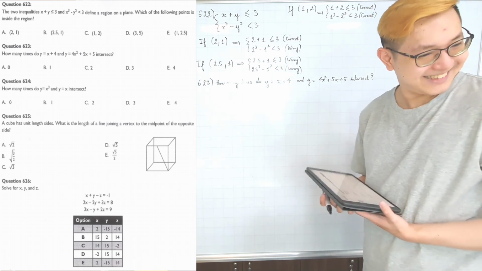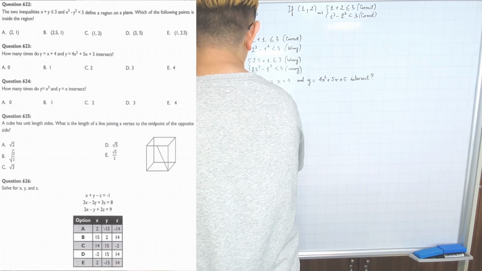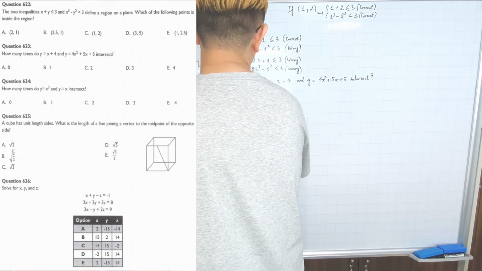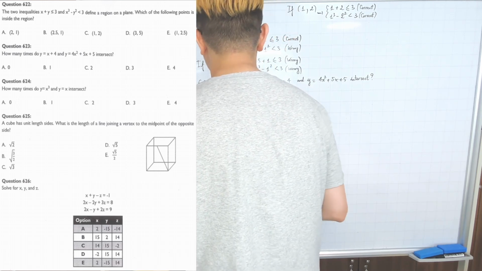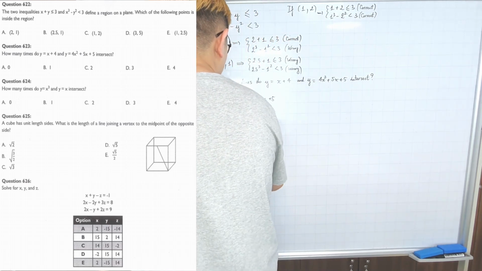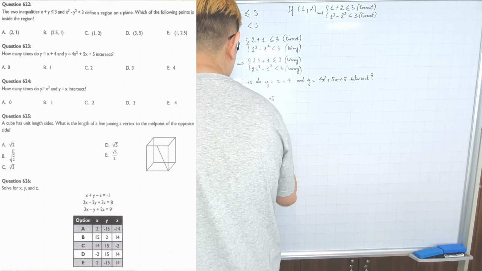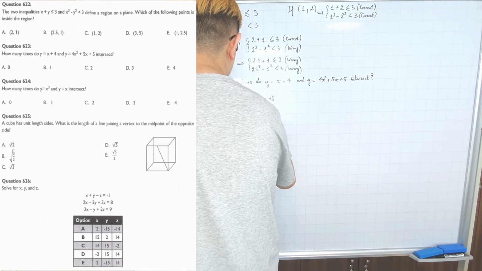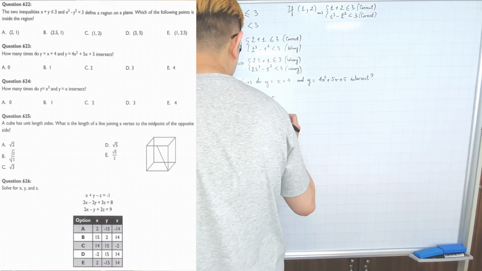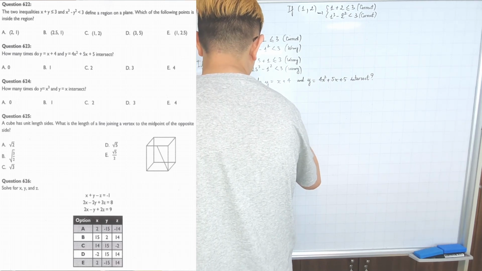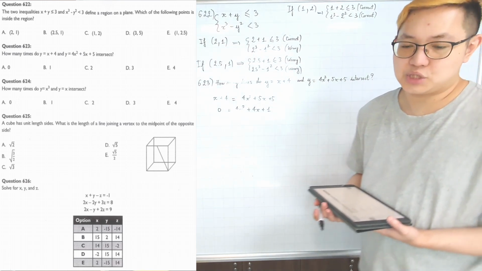Yeah, you remember, see? Good. So let's just say they intersect, so this one is equal to 4x squared plus 5x plus 5. And then move it to the other side. Okay, so you have a quadratic equation here.